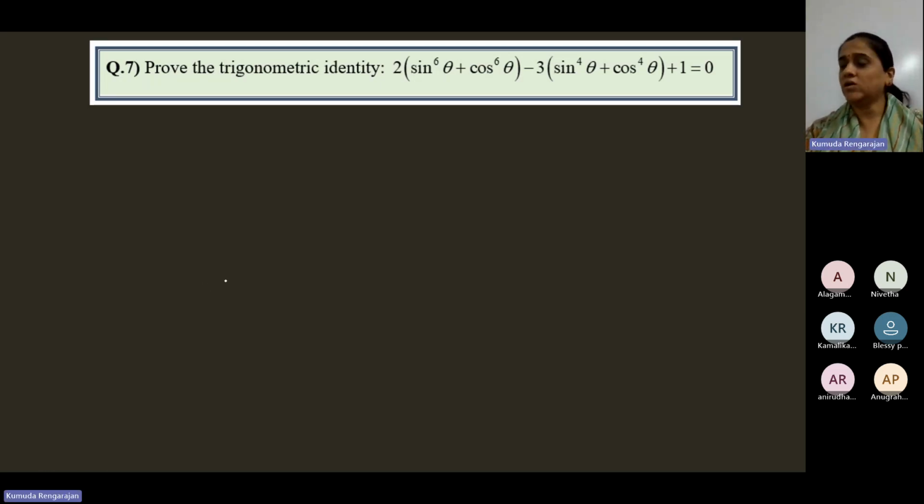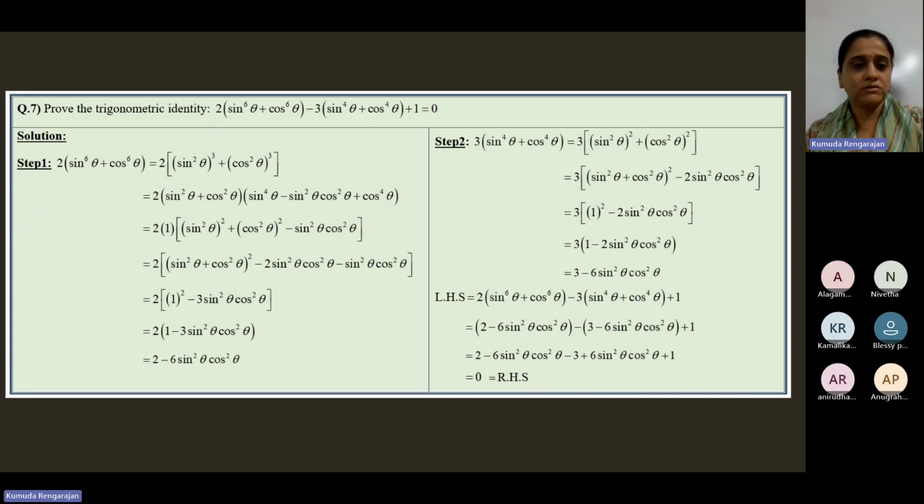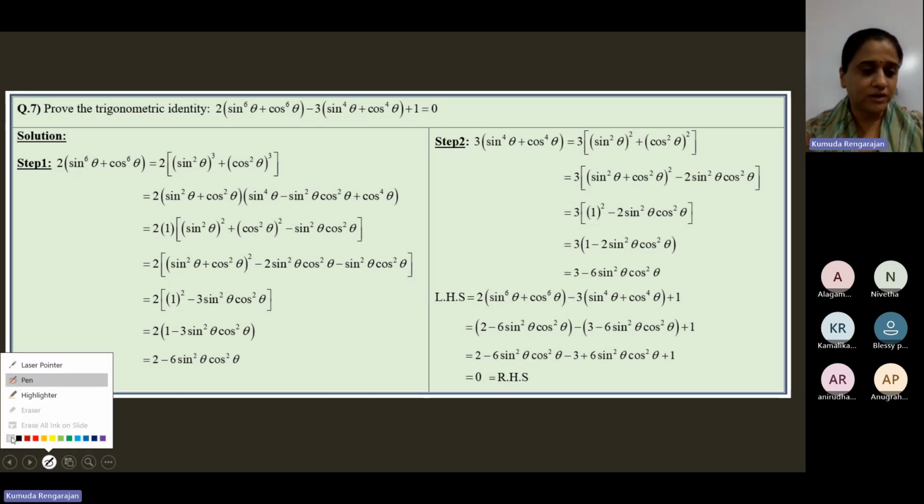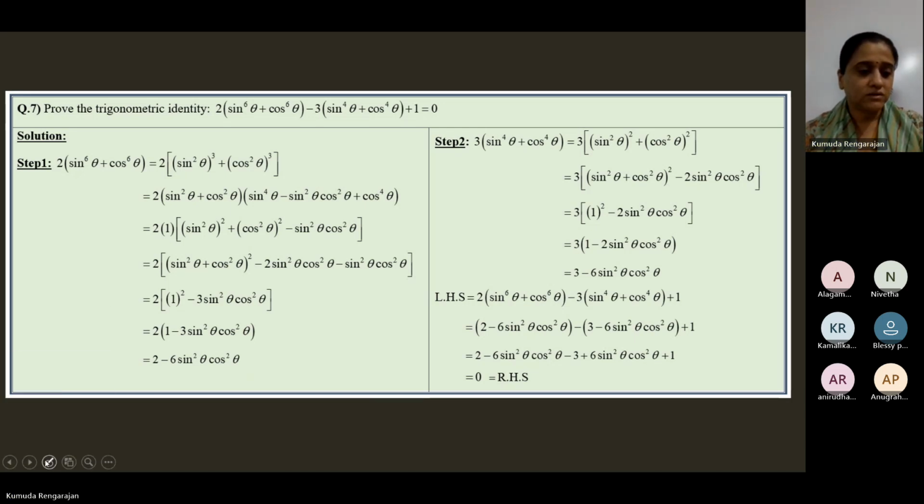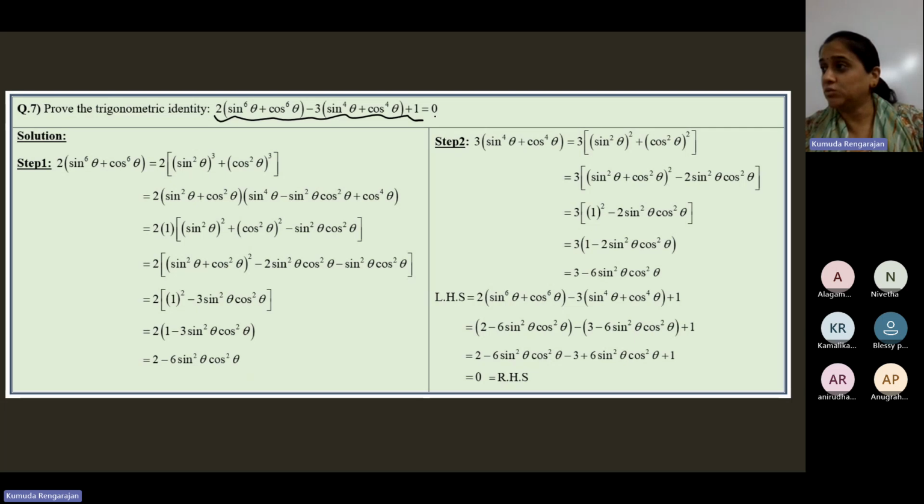Now having done all this, you can help yourself with this one. Please understand and do this. I've just worked it in a few steps, and I'll tell you what I have done. You can see here, prove the trigonometric identity. This one is equal to 0.